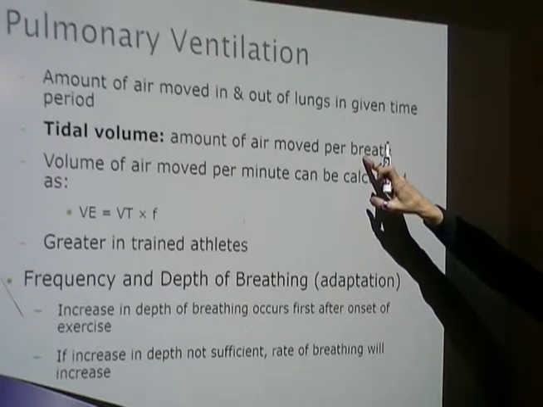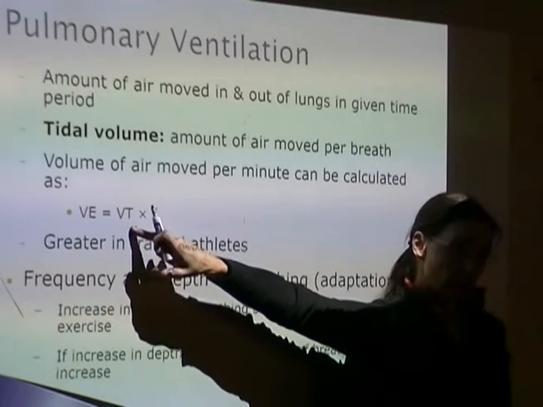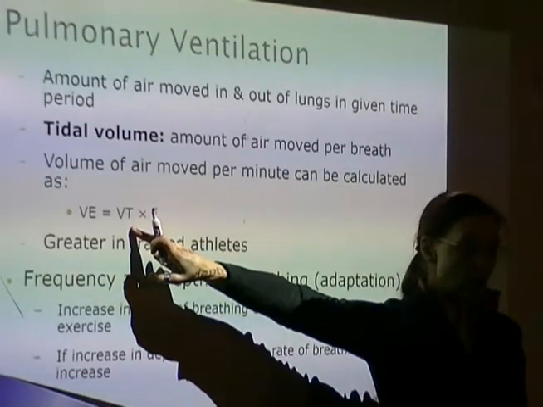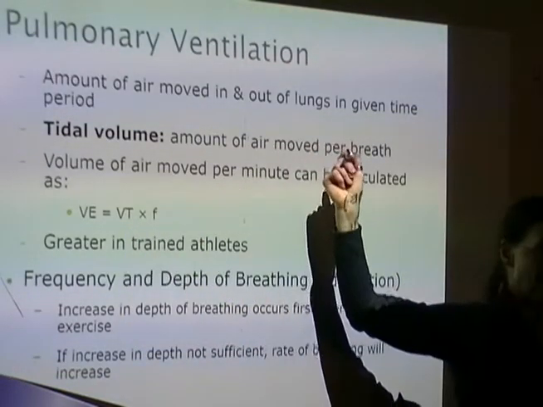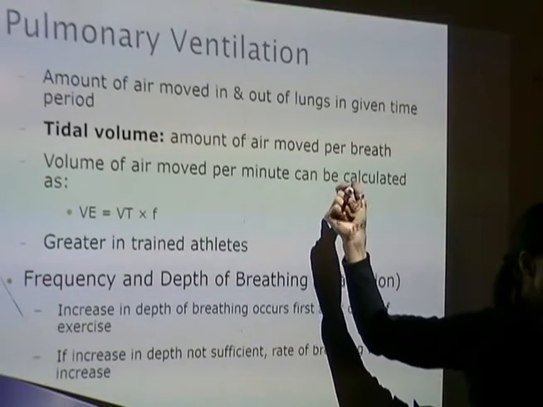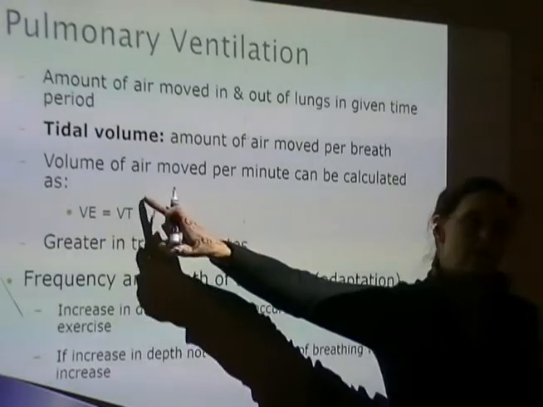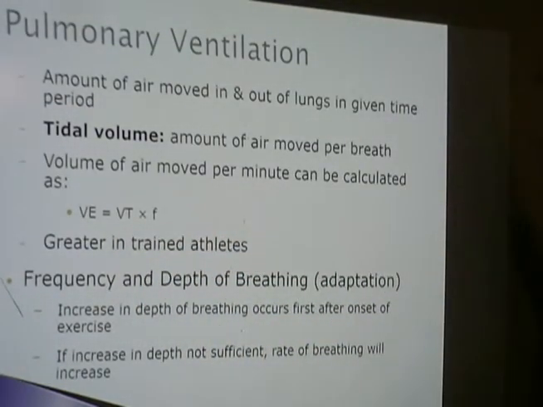Like stroke volume, VT is the equivalent of stroke volume: how much blood is moved out per beat, how much air is moved per breath. And F is frequency, same as heart rate. So this equation is exactly the same as Q equals stroke volume times heart rate. It's just the respiratory equivalent.